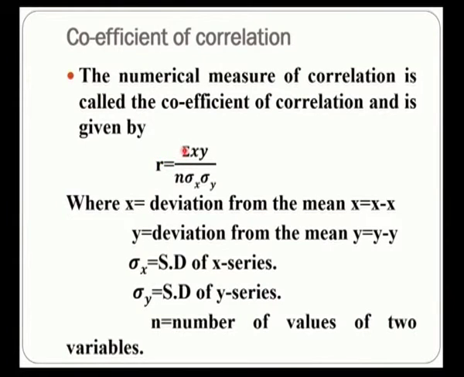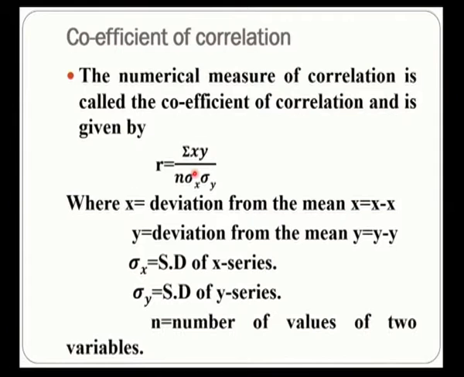r is equal to summation of XY over n into sigma x into sigma y, where this X is equal to deviation from the mean. X is equal to x minus the mean. Then this Y is equal to deviation from the mean. Y is equal to y minus the arithmetic mean. Then the sigma x stands for the standard deviation of x series.